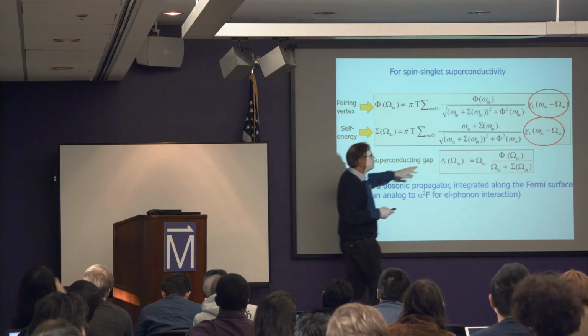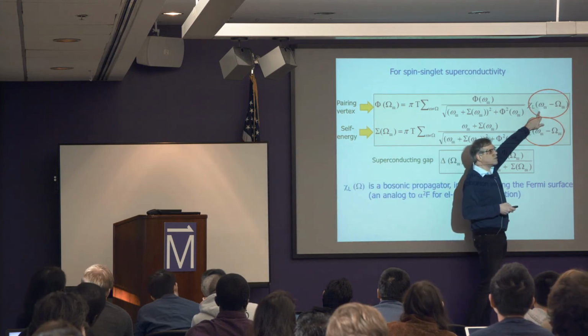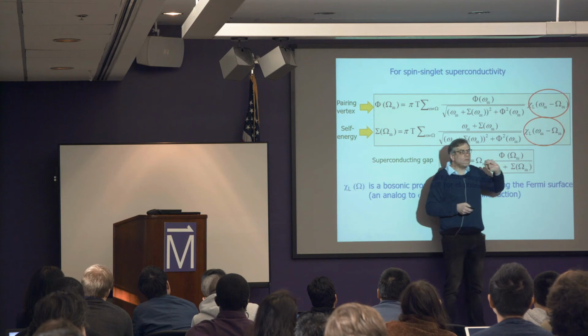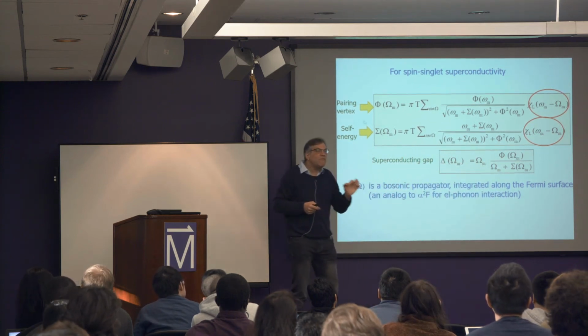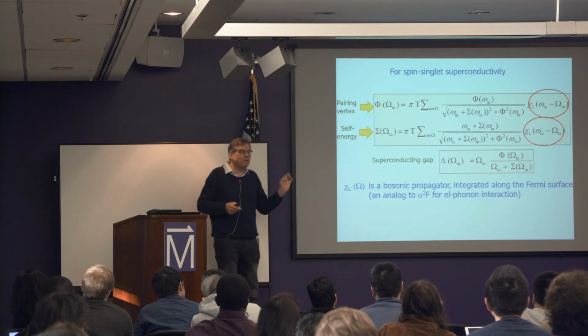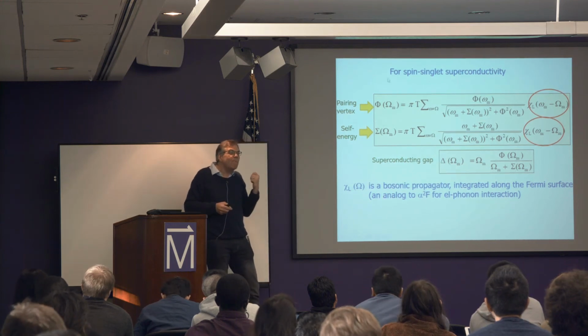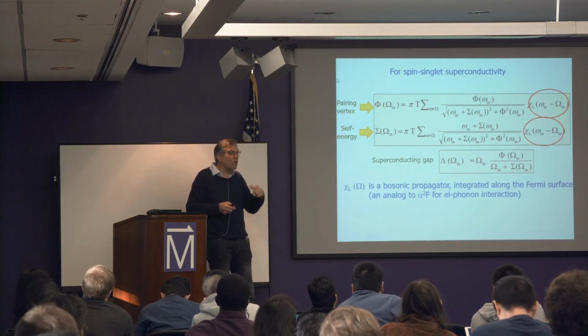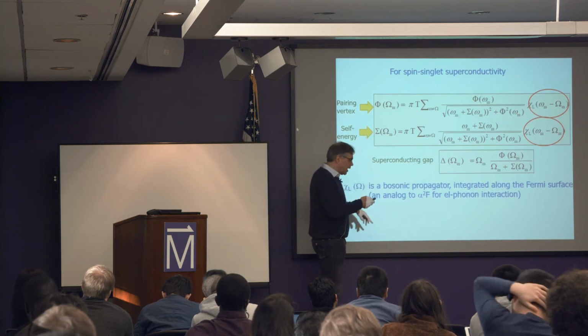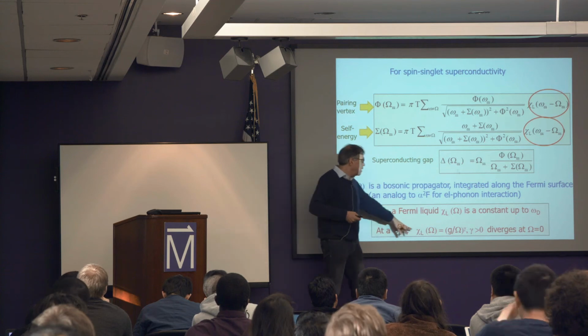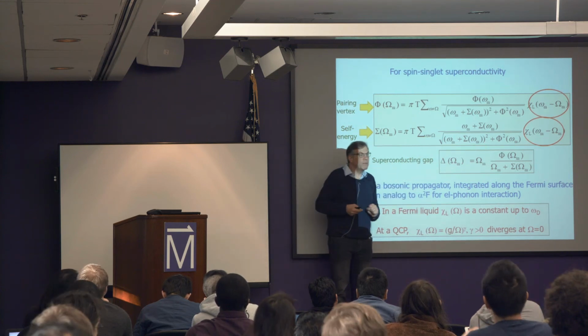So to continue with the phrase I started, this is an interesting object, chi. This is what this boson tells you. And if you are at the critical point, where the system is about to develop magnetic order, or again some other order, it turns out that this object is a singular function of frequency.